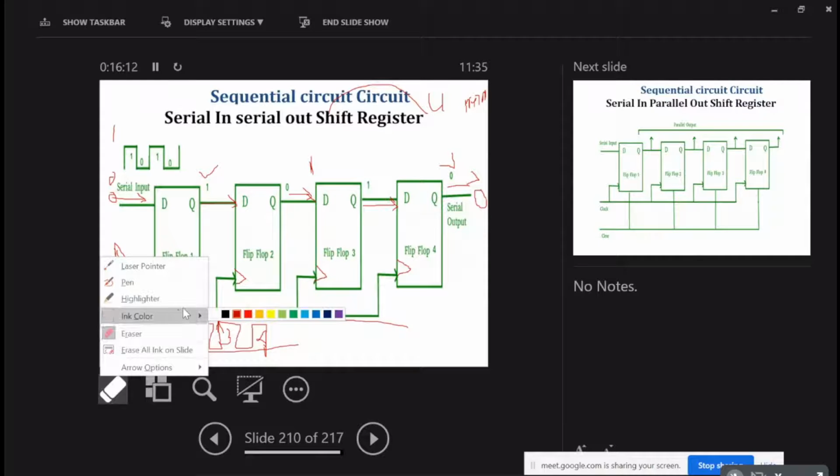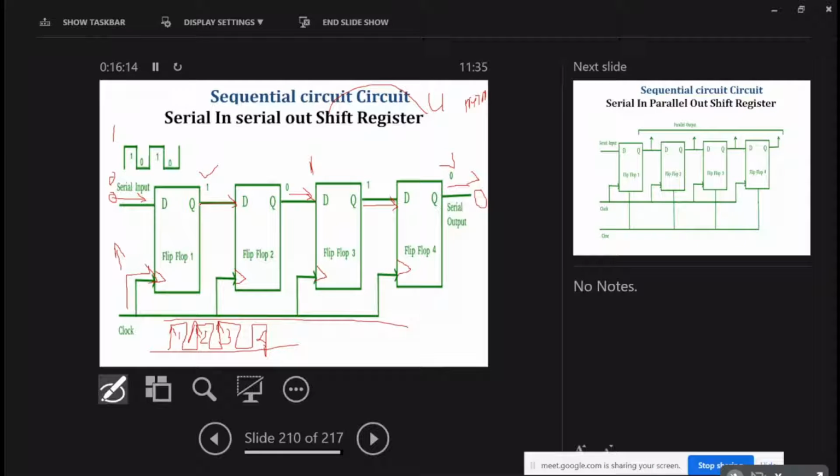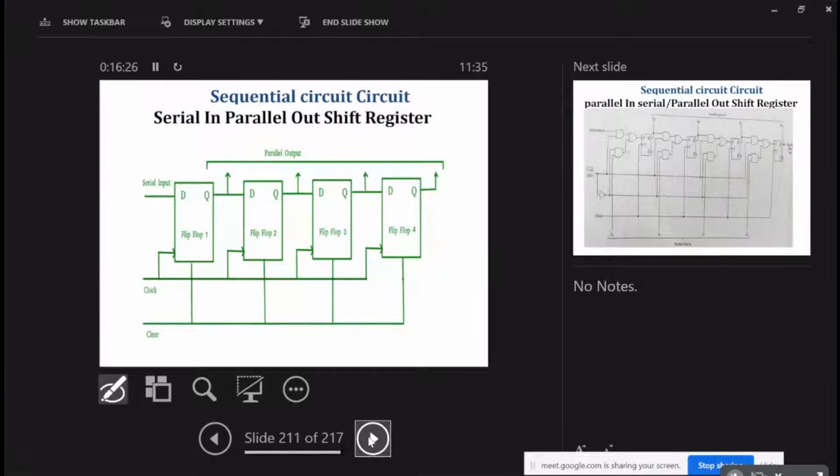So if we add parallel lines, the number of wires will increase, and obviously the hardware complexity increases. So here is the serial in, serial out. Next is the serial in, parallel out shift register, because the information is getting shifted here. That's why we call this a shift register.